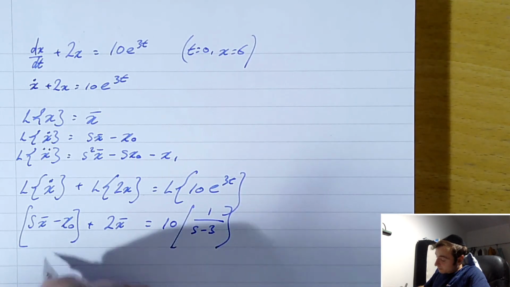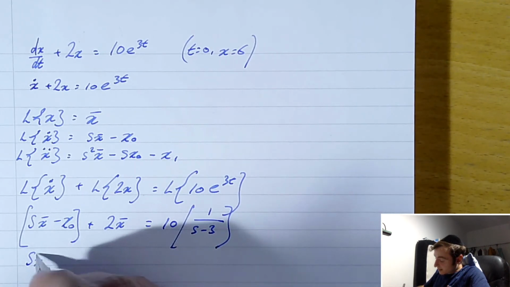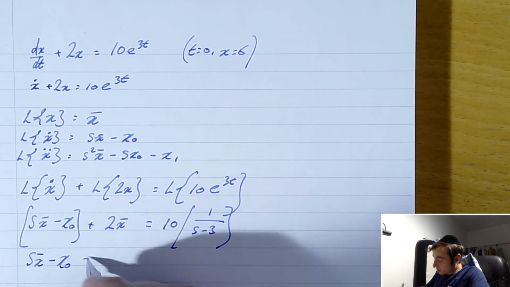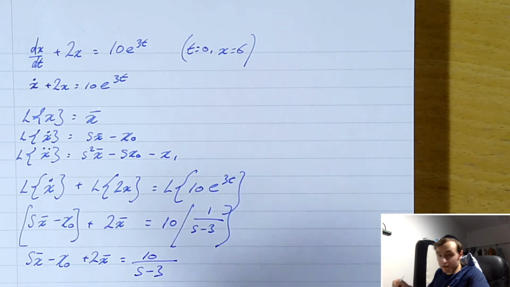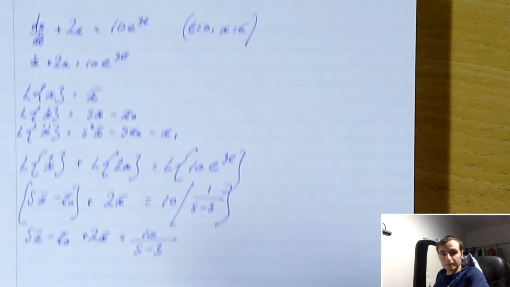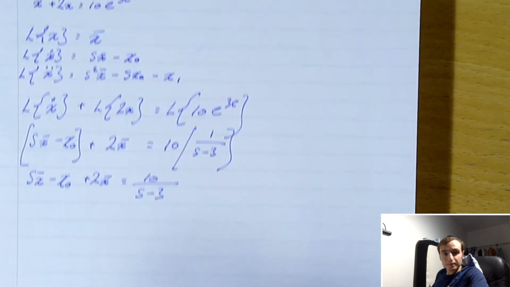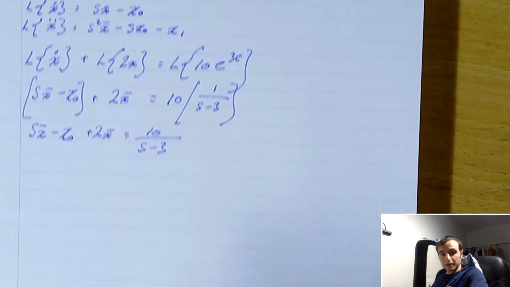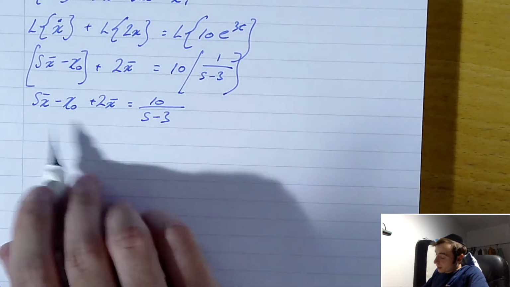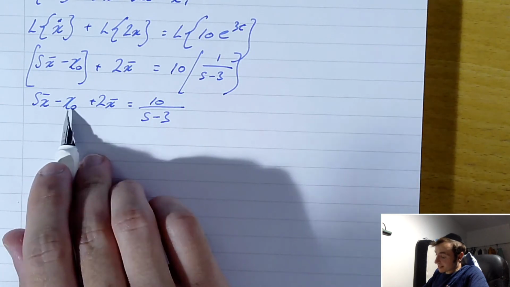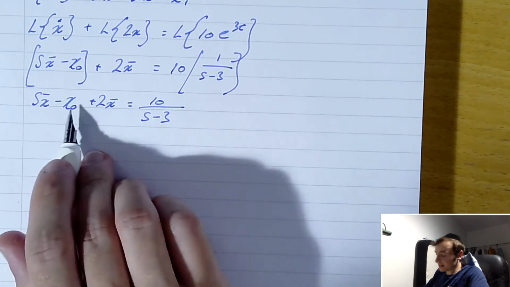So we can just say s x bar minus x naught plus 2x bar equals 10 on s minus 3. So we know that x naught is 6. It's the initial condition: when t equals 0, x equals 6.